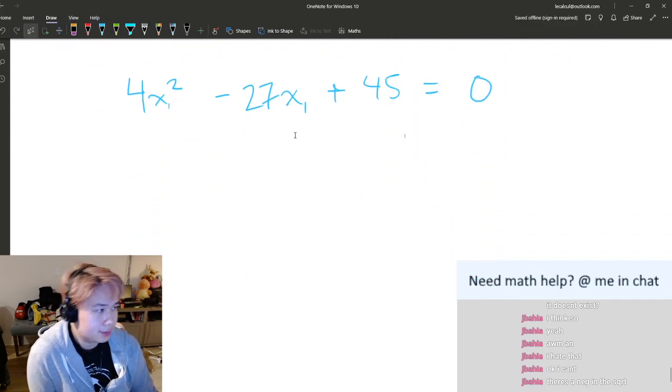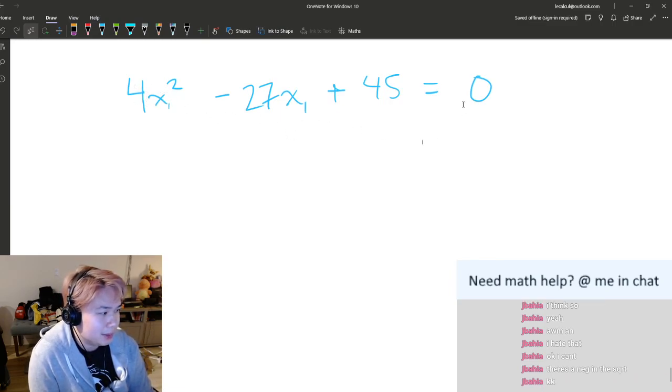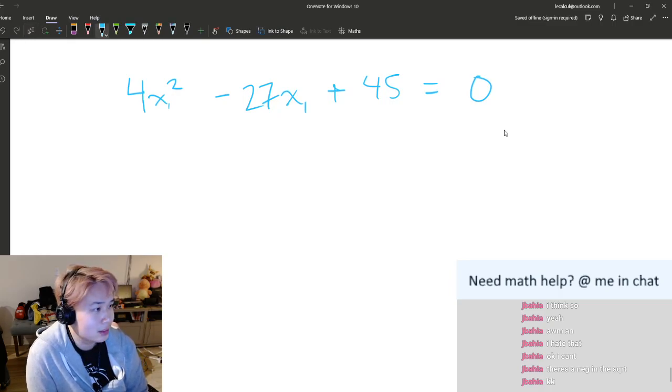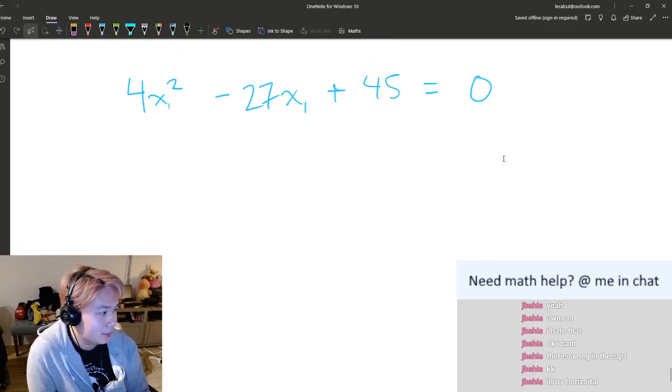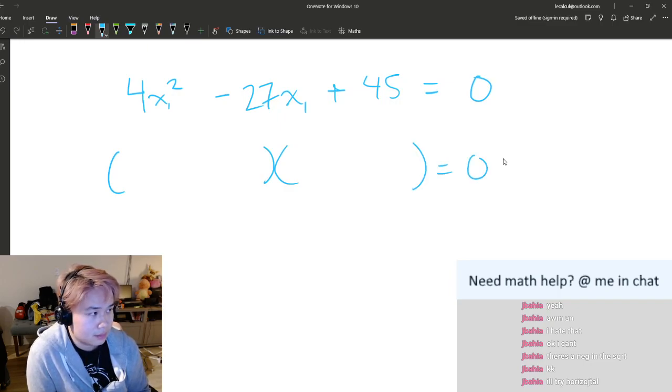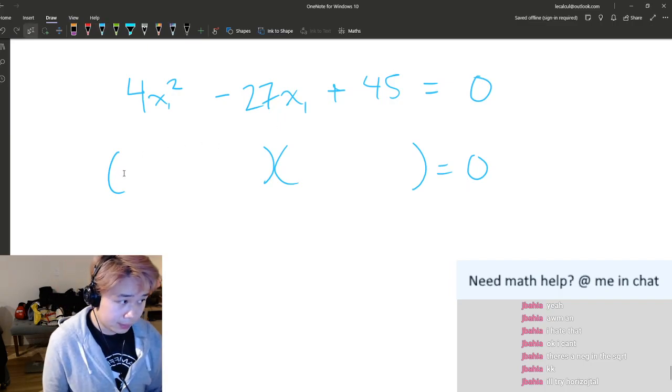Okay, back to this though. We need to solve this. And this is a paper 1, so I should be able to factor this. This is a terrible question. Although it might not even be factorable, so I might need to use the quadratic formula.